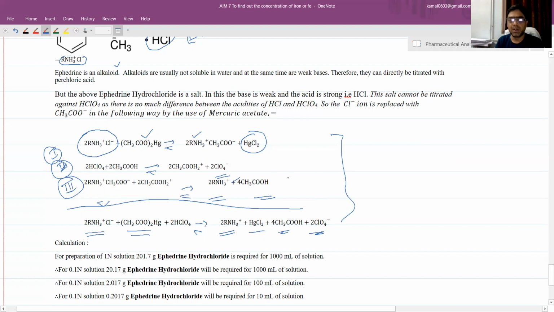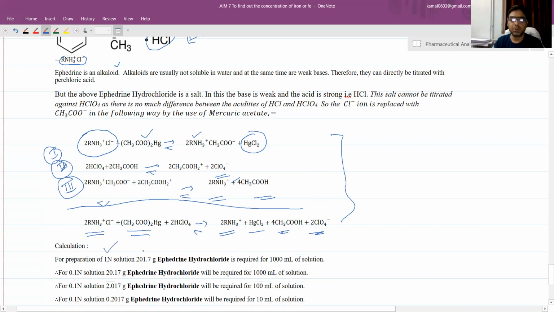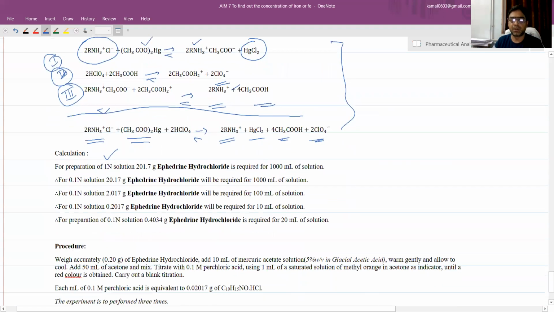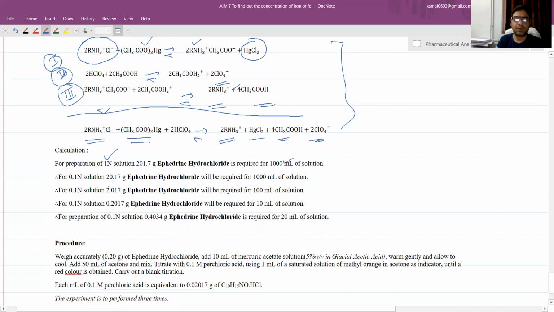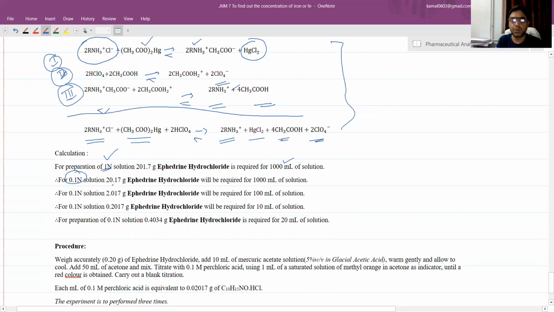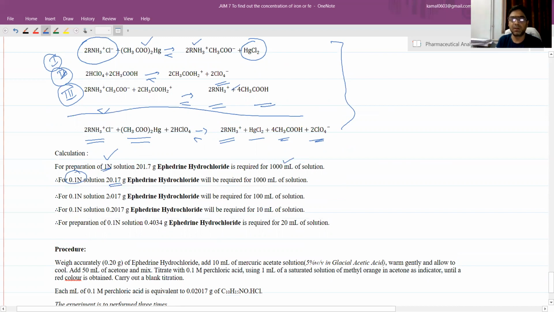Now we will see how we can prepare this ephedrine hydrochloride solution. To prepare one normal solution of ephedrine hydrochloride, we require 201.7 grams of ephedrine hydrochloride for a liter of solution. For 0.1 normal, we just divide it by 10, so it should be 20.17 grams for a liter.